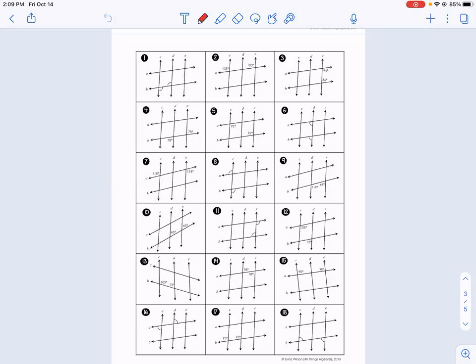Because is that the transmission? Same side. That would be. What else would it be?